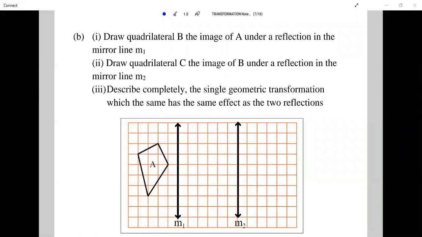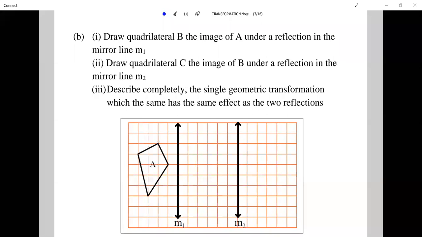Whenever you reflect a shape, how do we reflect a shape? We reflect it one vertex at a time, using the fact that in a reflection, the object and the image are the same distance from the mirror line on either side of the mirror line.